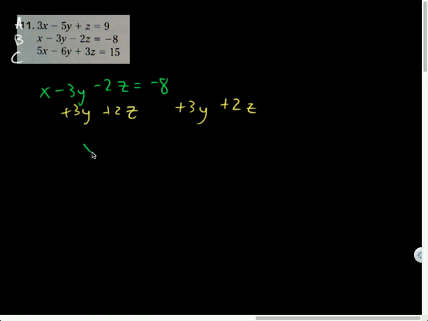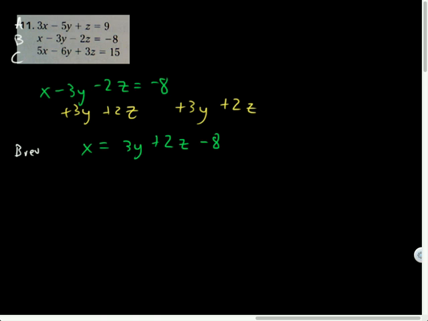So I'd get x equals 3y plus 2z minus 8. And that's going to be my revised equation, right? So I could call this B revised, maybe.